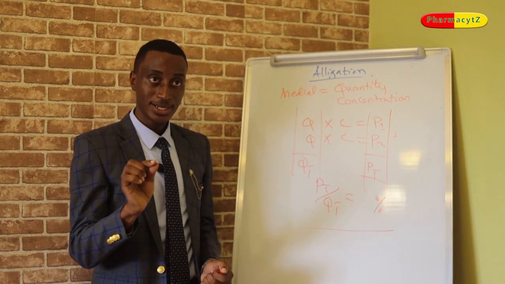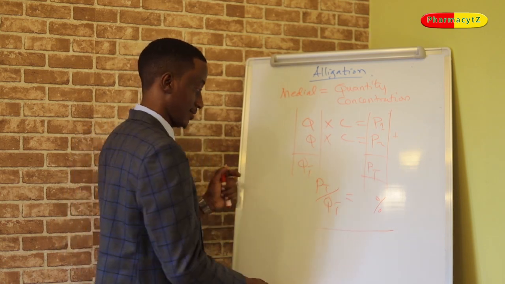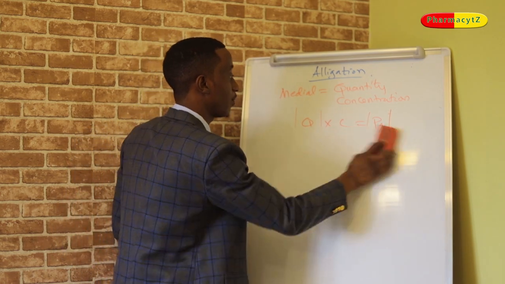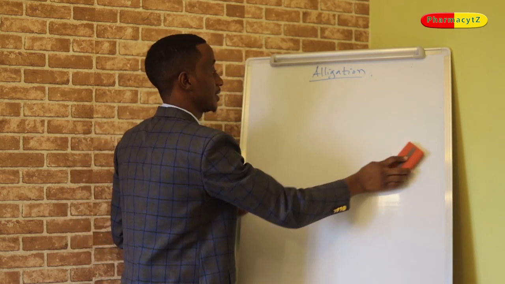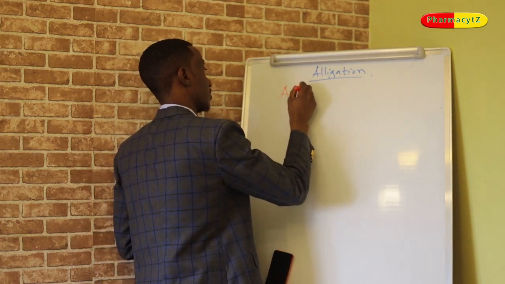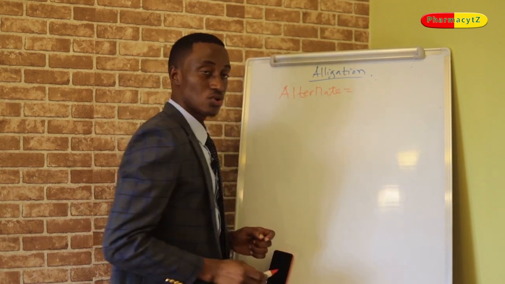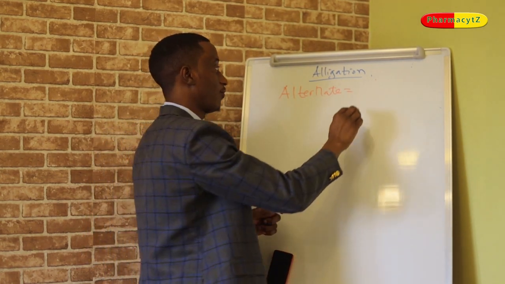In alligation alternate, when you are looking at the number of parts, that's when we employ alligation alternate. So alligation alternate is all about the number of parts.